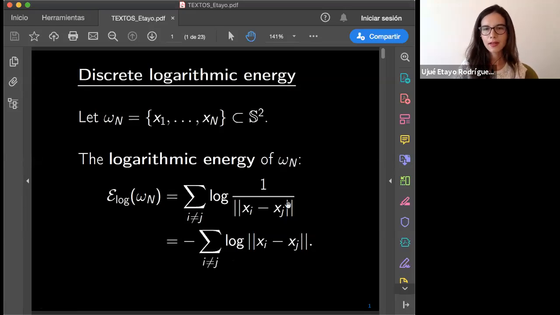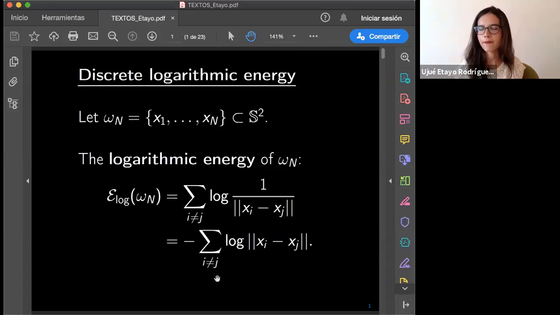We can think a little bit about this quantity to get some intuition about how it behaves with different sets of points. Let's think, for example, that we have the same point included twice in the set. So let's think that x1 equals x2. Then, if we compute the logarithmic energy, here we have a 0. So we have the logarithm of 0. We have something that is going to infinity with the minus sign.